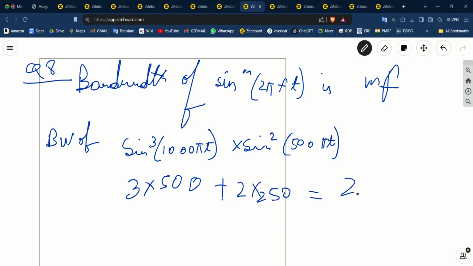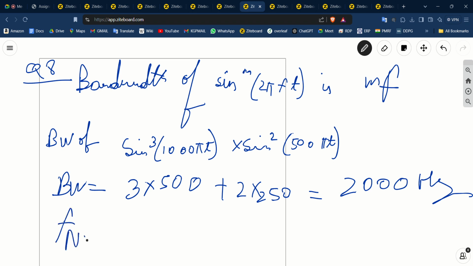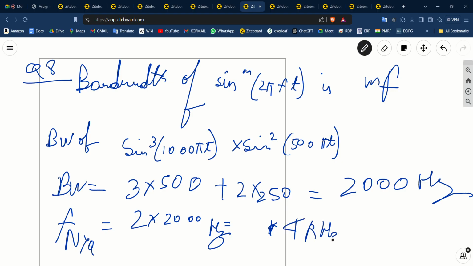So it will be 2000 hertz. So Nyquist rate will be 2 into 2000, or 4000 hertz, or 4 kilohertz.